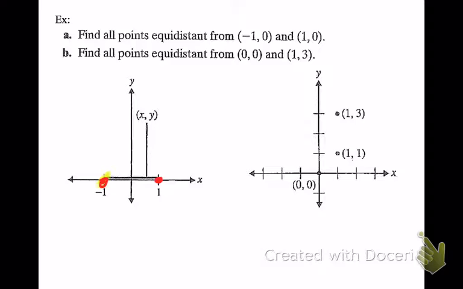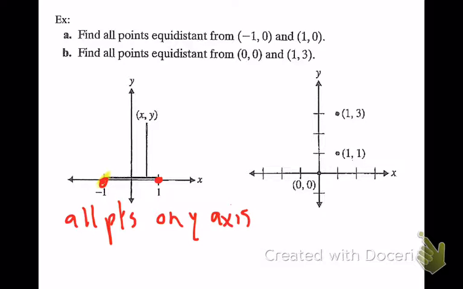Yeah. Exactly. It's all the points on the y-axis. Because 1 and negative 1 are the same distance from the y-axis, and then if we're doing taxicab distance, any point along that line would be the 1 to the line and then plus however far up or down the line goes.